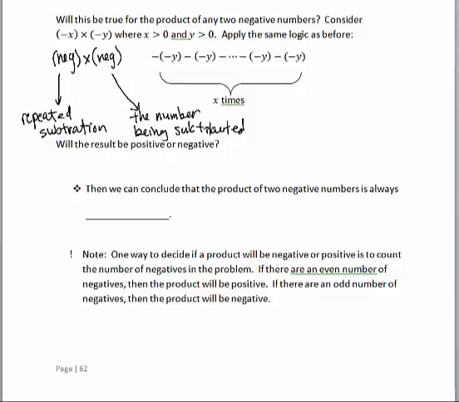Okay, and so in this case we are repeatedly subtracting a negative number. And so no matter how many times we write this out, we are going to have a negative number inside parentheses and a subtraction symbol in front. And so once it's all said and done, we're simply going to have a string of plus y's here. And y could be any positive number.